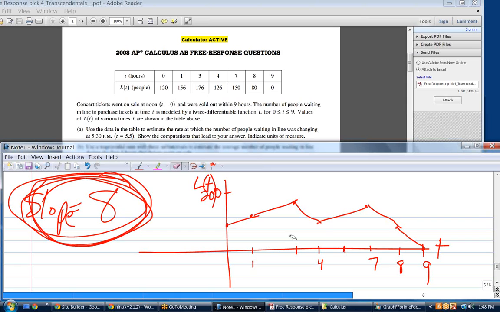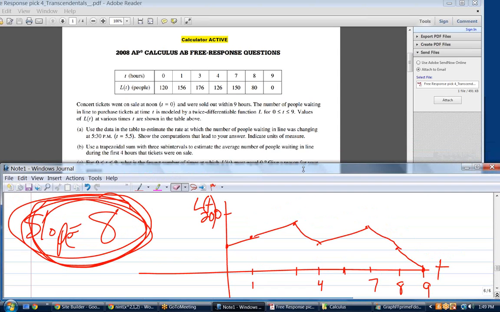In other words, because we don't have a curved function here, the rate of change is just the slope of the linear lines that connect each of these dots, instead of the slope of the tangent to a curve, which is the normal rate of change in calculus. All right, let's look at B.